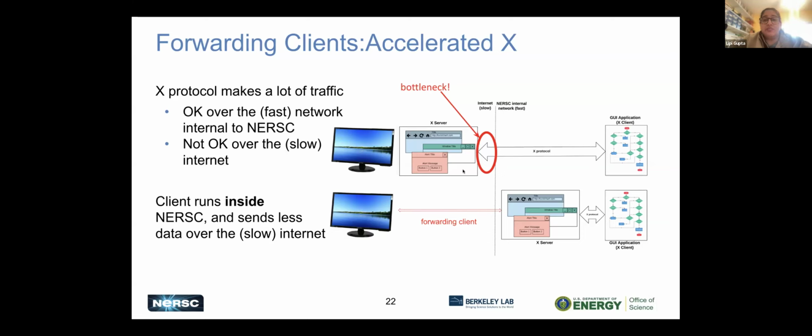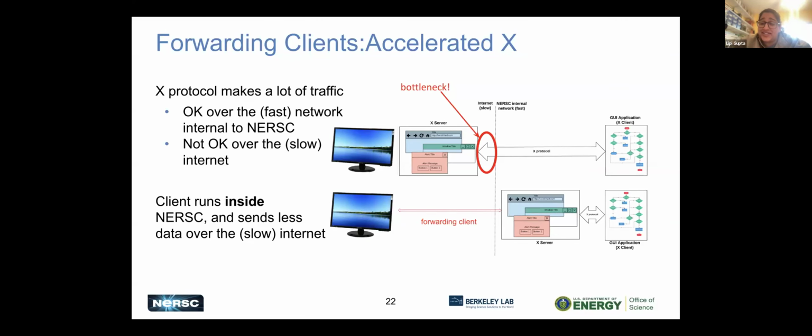So this process can be really slow. We make use of forwarding clients, which run the GUI on the system inside, and then forward you that information over the internet rather than trying to forward what's happening on the application.